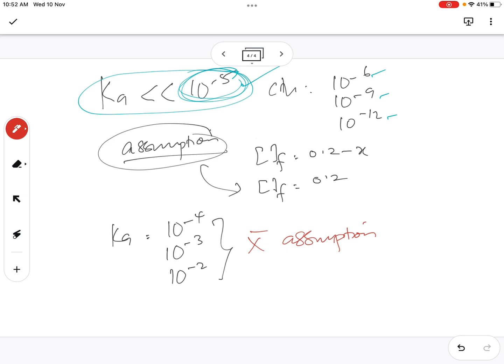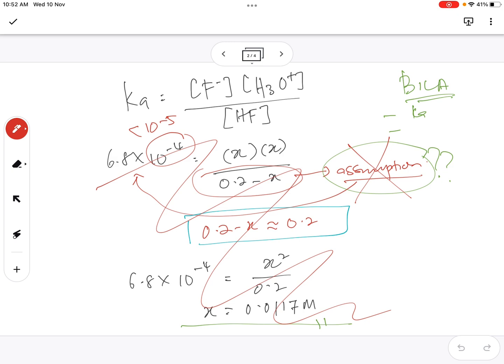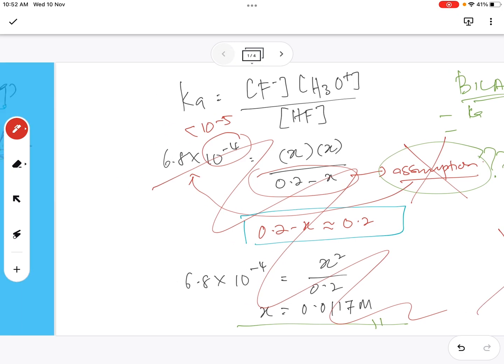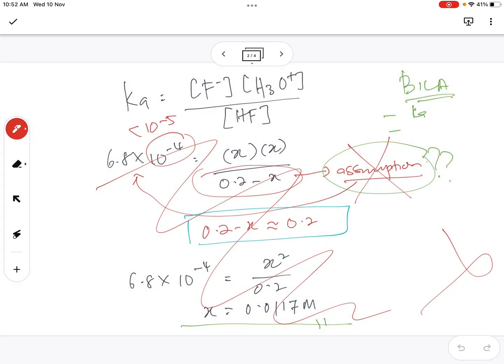Okay, so you understand why my first solution was wrong. Slide number 2 is wrong; I used the approximation. Slide number 1 is correct, everything went wrong at the assumption. Can you understand why? That is the reason I say it's wrong: I assumed 0.2 minus x is approximately the same as 0.2.